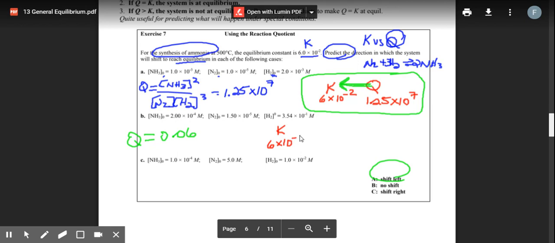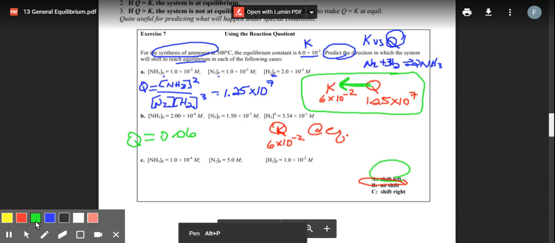Then I say, all right, since this is in scientific notation, what would this Q be in scientific notation? Well, it's also 6 times 10 to the negative 2. So Q in this case is actually equal to K. So what that means is that there will not be a shift because Q is equal to K. That means it's already at equilibrium. It's already there.